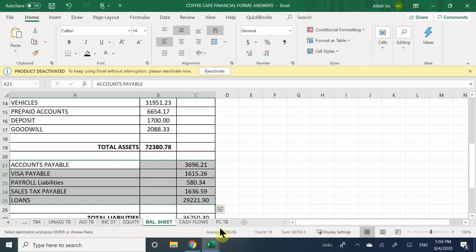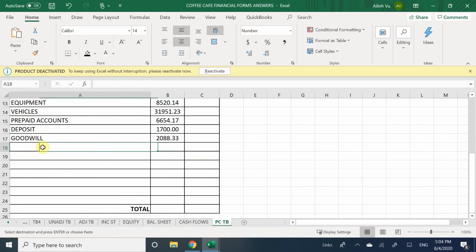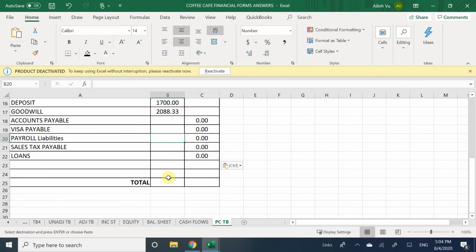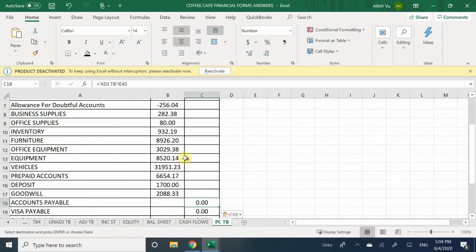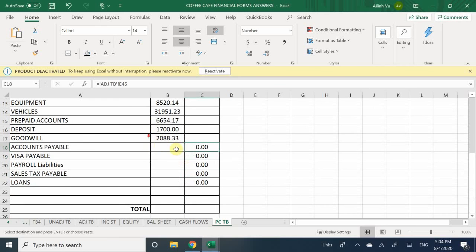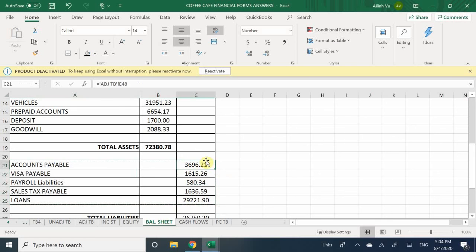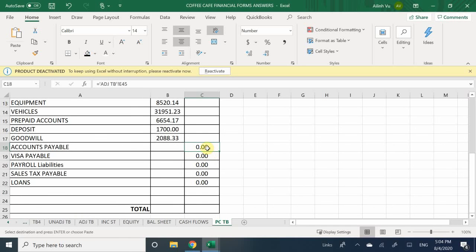liabilities and be able to put them in my post-closing trial balance, because at least I know that those are the same. Oh, and I see that it didn't grab everything, so I would have to go ahead and reference those. So let me go back to my balance sheet. Oh, nope, it will not grab it.